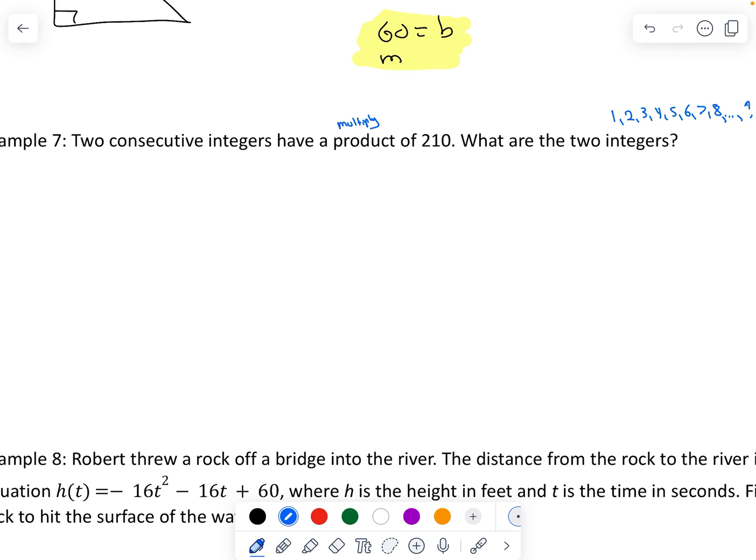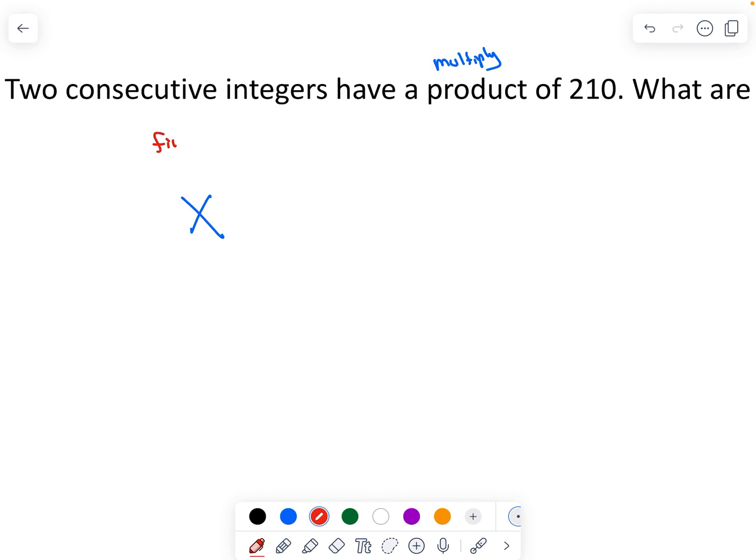Well, if my first integer is x, then my second integer could be expressed as x plus 1, because if I add 1 to it, I get the next integer, right? And the product of these two would just be whatever they multiply to. And they tell me in the problem the product is 210.